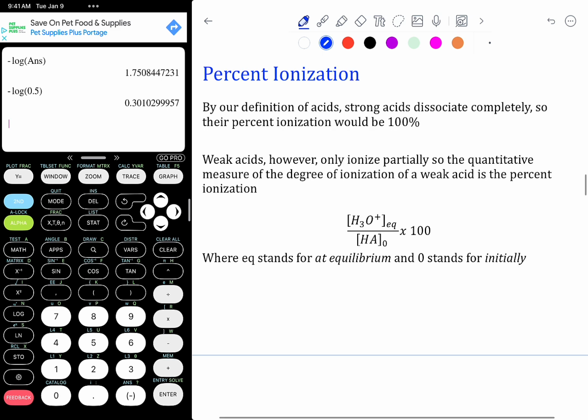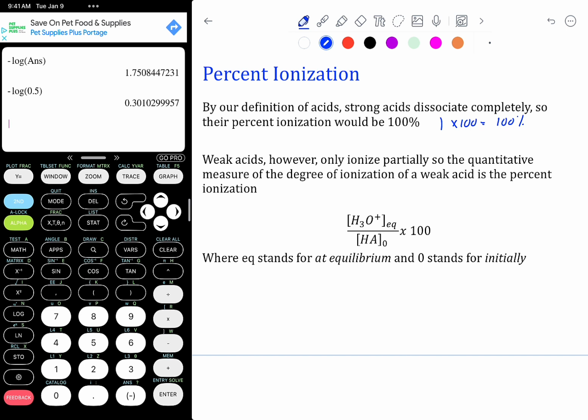They would have their H3O plus concentration and their initial concentration of acid would be the same, so you would have 1/1 essentially. The value of the ratio would be 1 multiplied by 100 is 100%. Okay, so we have 100% ionization, ionization being how much of that hydrogen is ionized in that solution.